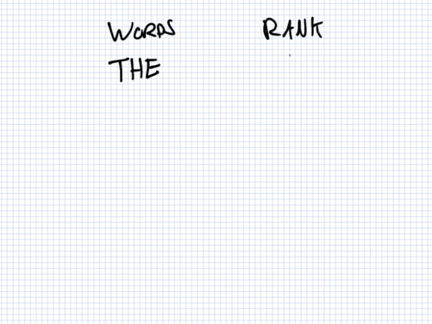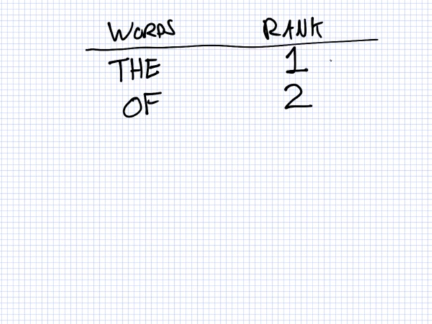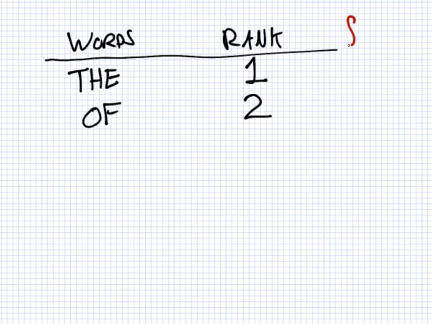So anyways, what I'm trying to say here in number 7, imagine you have a big book and you rank all the words from most common to least common. So these are all your words, and here's the rank. Okay, so the most common word would be the. So we call this rank 1. The second most common word, of. This is rank 2. Now what we're really interested in knowing is not the rank, but the frequency.